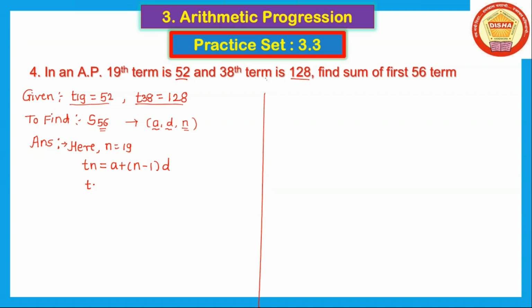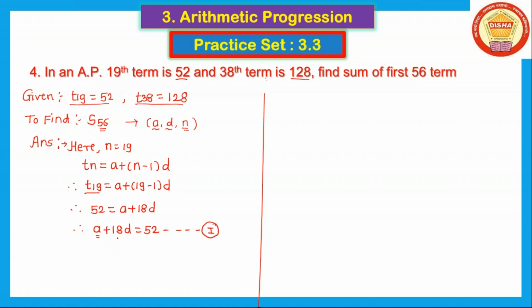So we write here T19 is equal to A plus 19 minus 1 into D, and the value of T19 is given in the question, which is 52. So 52 is equal to A plus 18D. We write it in standard form as A plus 18D is equal to 52. This is our first equation.